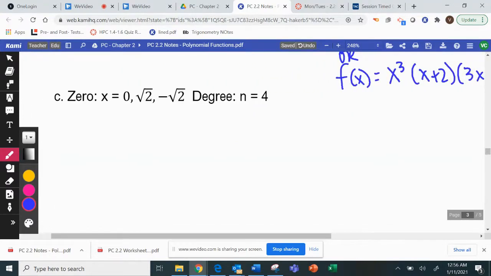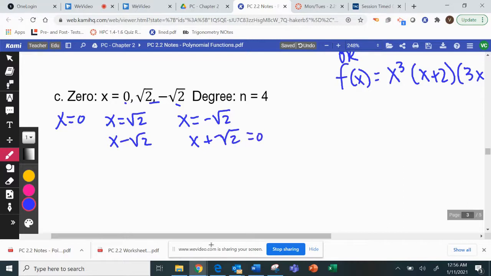This next one says a degree of 4, and we have 3 different zeros. So we've got x equals 0, x equals square root 2, and x equals negative square root 2. So I solve them for 0. We've got x and x minus square root 2 and x plus square root 2.